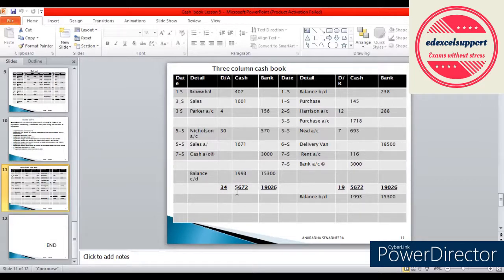So bring this one, deduct these three figures from the total, then you get the balance 1,993 and bring it to brought down balance. Same way you can balance off the bank column. Identify the highest side. The highest side will be again credit side, 19,026. Deduct the amounts here. So you get the balance 15,300 brought down, carried down, and here brought down again.